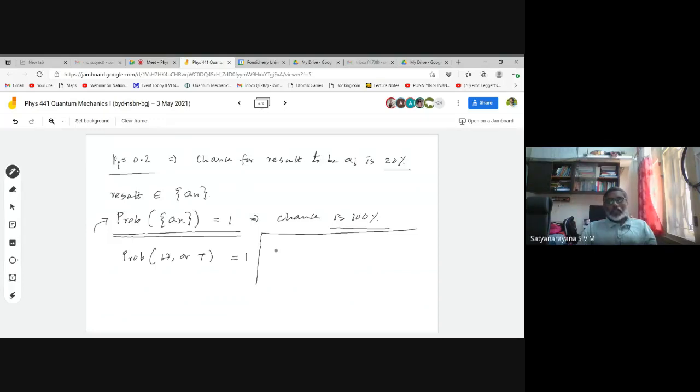You don't have to have a normalized wave function. A normalizable wave function is sufficient. You can always normalize it and use it. But since probability is an important ingredient of the theory, and the total probability of a set of outcomes is a certain thing, we should have total probability equal to 1, and hence anything you do in the theory with the wave function, you should always normalize it and then use the normalized wave function.